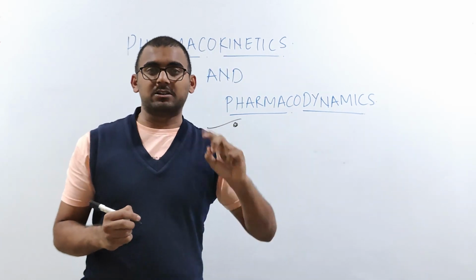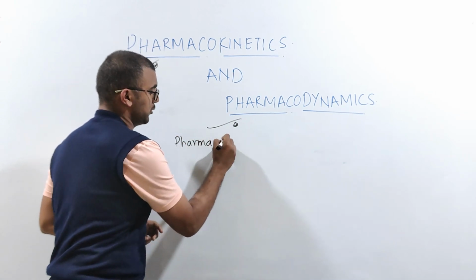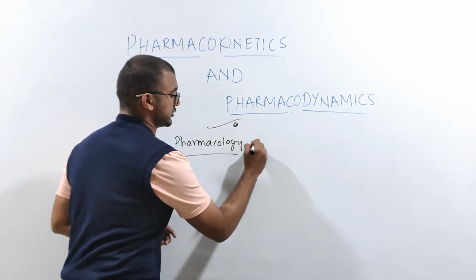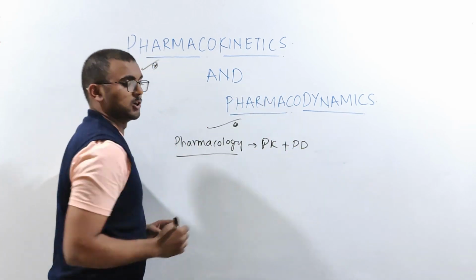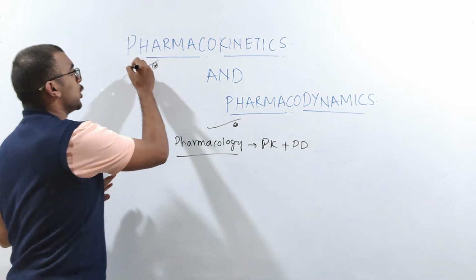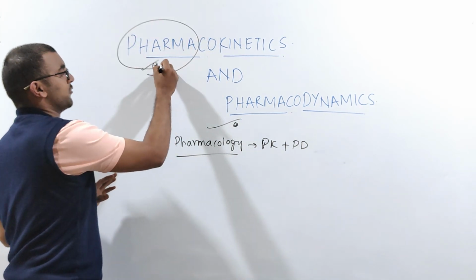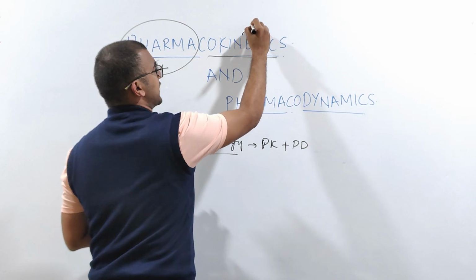Please try to understand one very important thing: pharmacology is a combination of pharmacokinetics plus pharmacodynamics. So what is pharmacokinetics? It is derived from pharmacon, which means drug, and kinetics means movement.